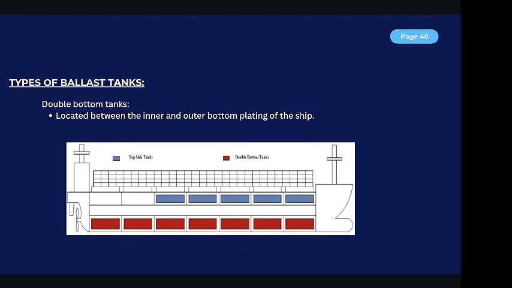So, we have types of ballast tanks. First is what we call the double bottom tanks. These are located between the inner and outer bottom plating of the ship.